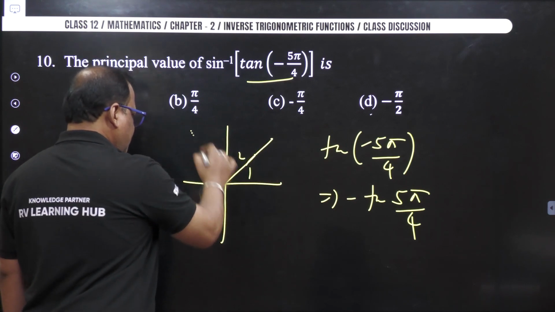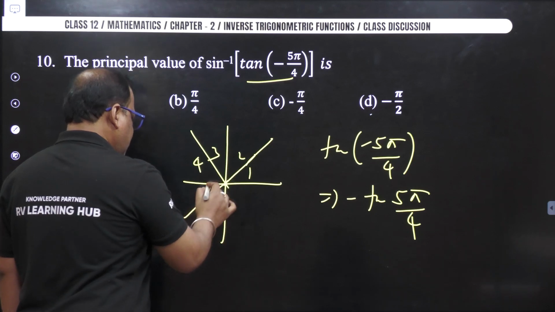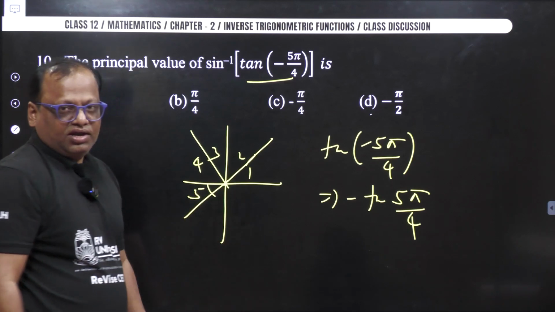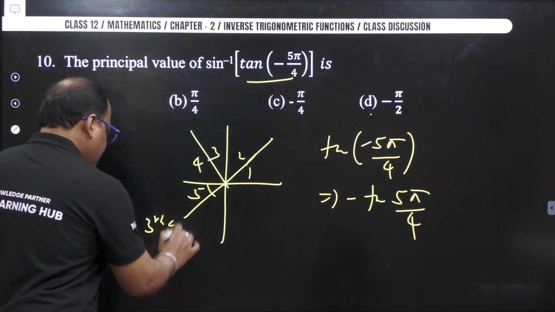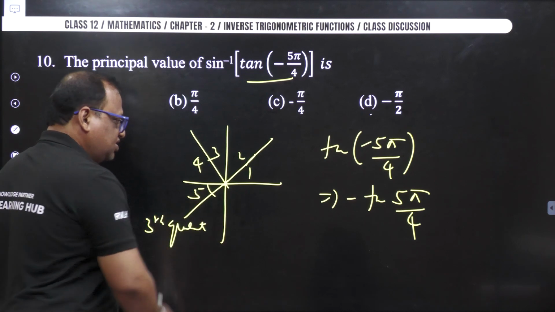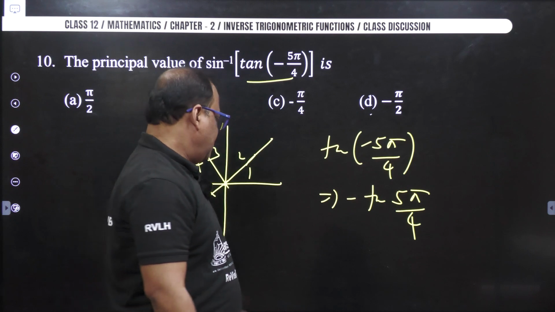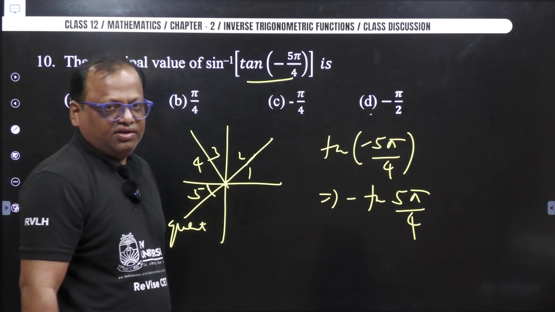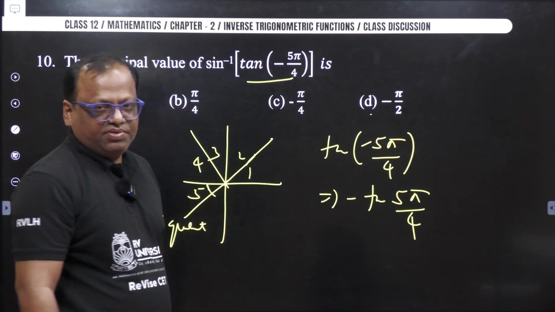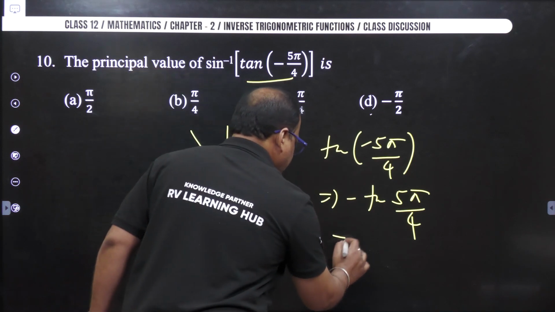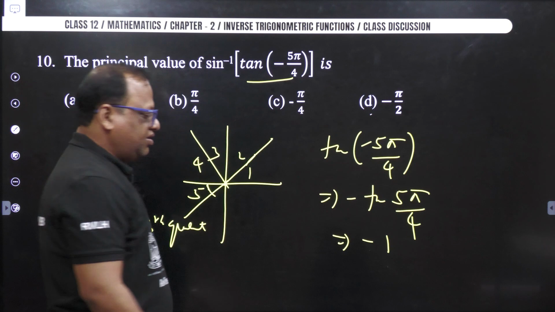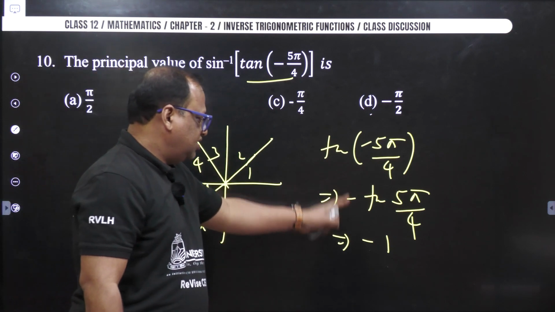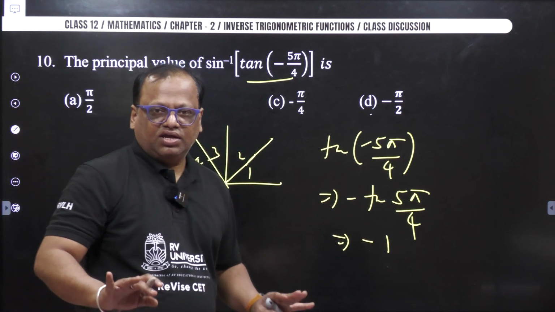It is coming here, in the third quadrant. In the third quadrant it is positive. And this value is 45 degree, you know it, because it is 90 by 2. So tan pi by 4 is 1. Because it is the third quadrant, minus is outside. So minus 1. Understand it.